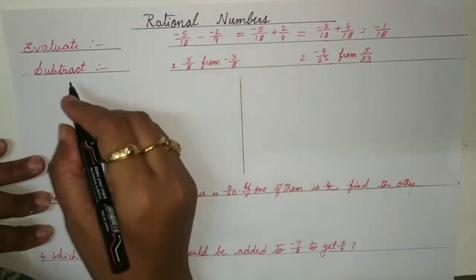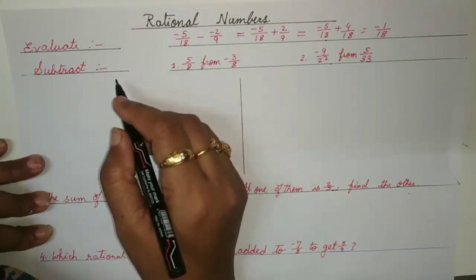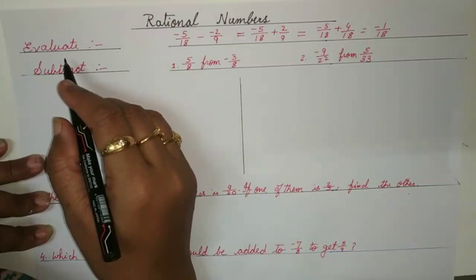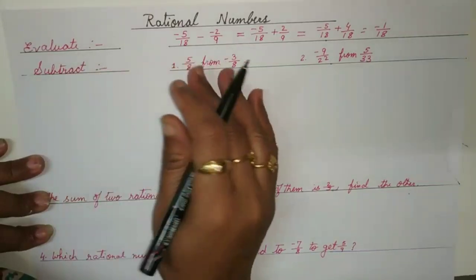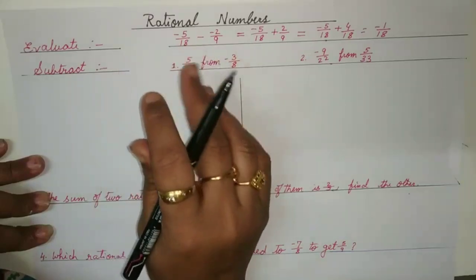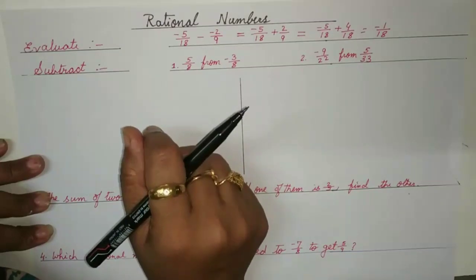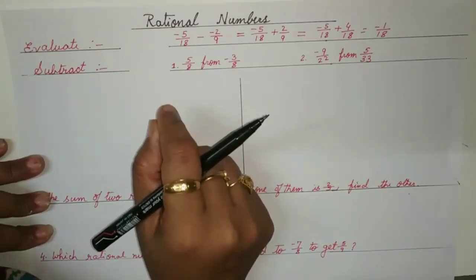And to start with subtraction, let me just revise what we did in the previous class. That is evaluate. So we had numbers together which had to be added and subtracted. And as you all know, when there are two fractions with similar sign, they are to be added with that particular sign.